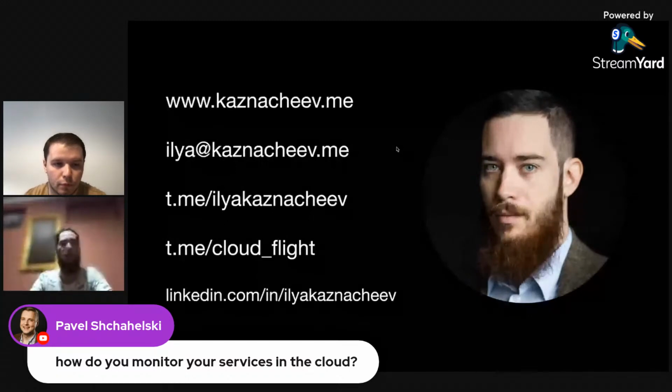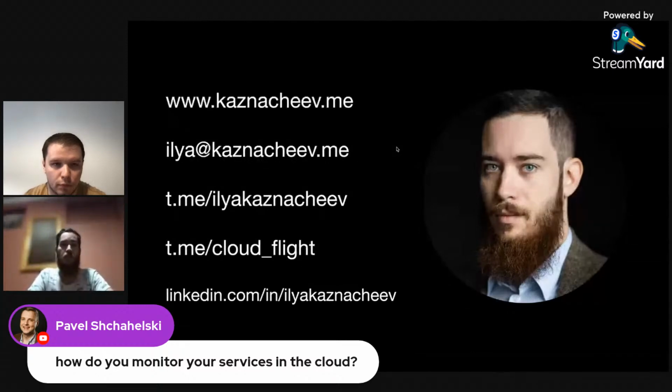And the third option is to run your own observability infrastructure like Elk, like Jaeger, like Victoria Metrics, and set up your own services like Grafana, etc. This works better for bigger infrastructures.